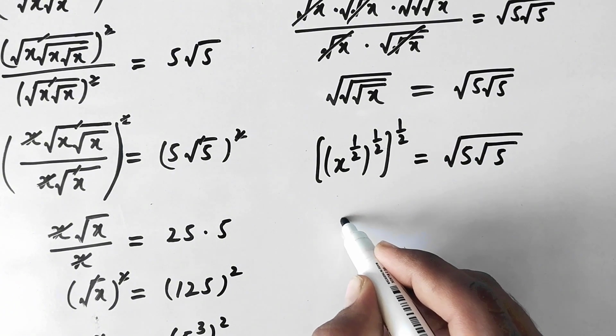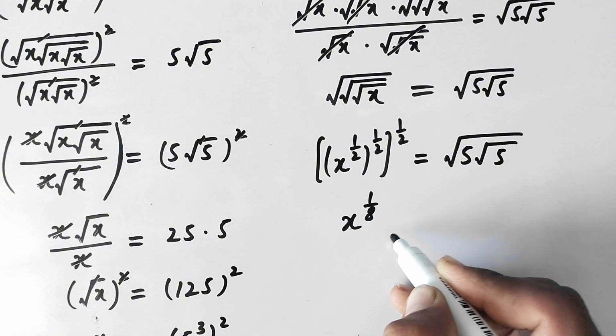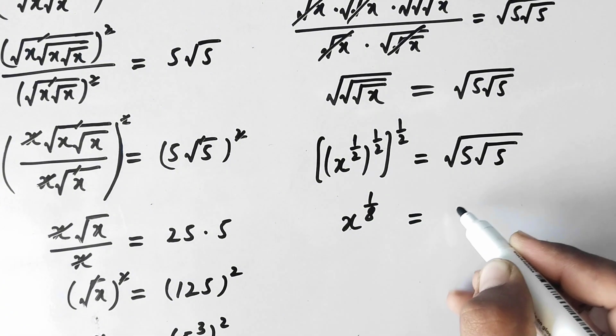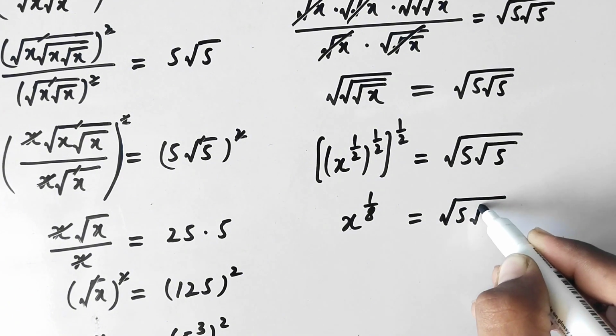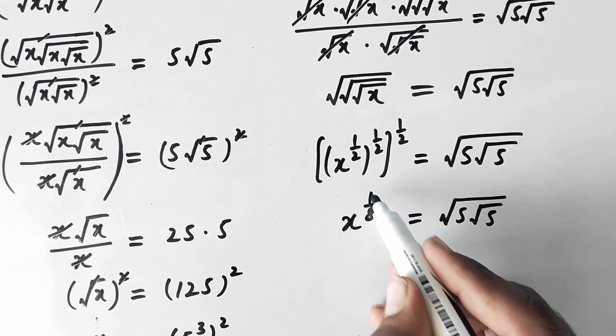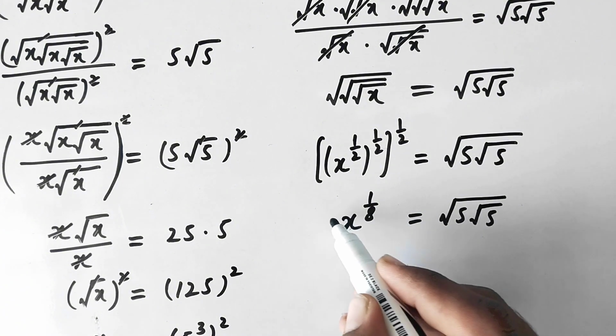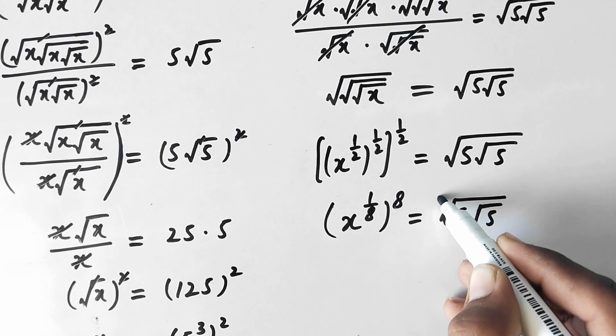So here will be x to power 1 over 8, that is equal to square root of 5 times square root of 5. And now to eliminate this power 1 over 8, we will take power of 8 on both sides.